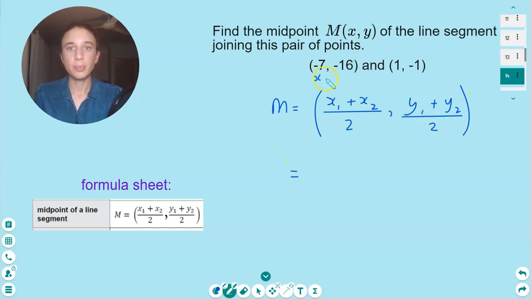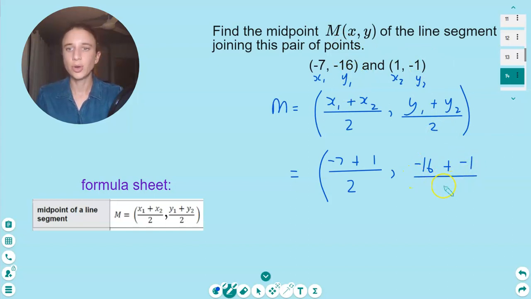And remember, label your points, x1, y1, x2, y2. And we've got our average x, so -7 plus 1 over 2. y1 plus y2, -16 plus -1 over 2.